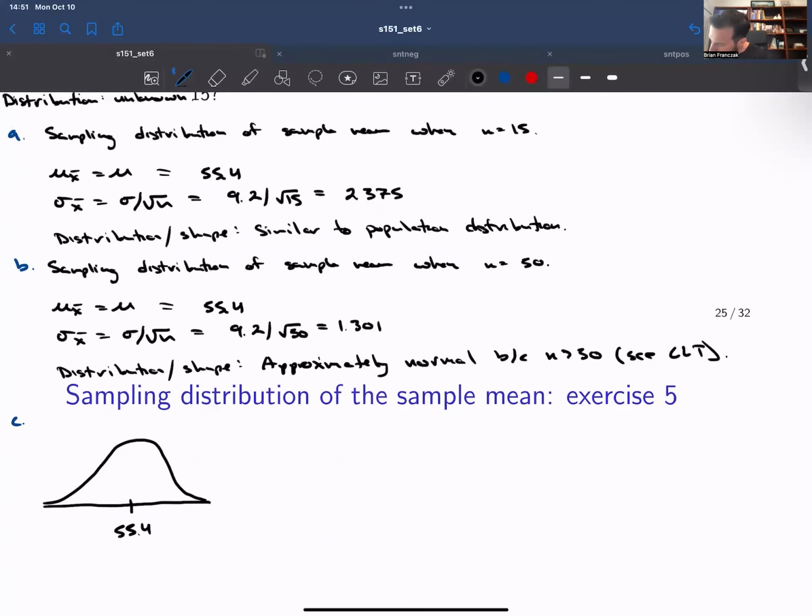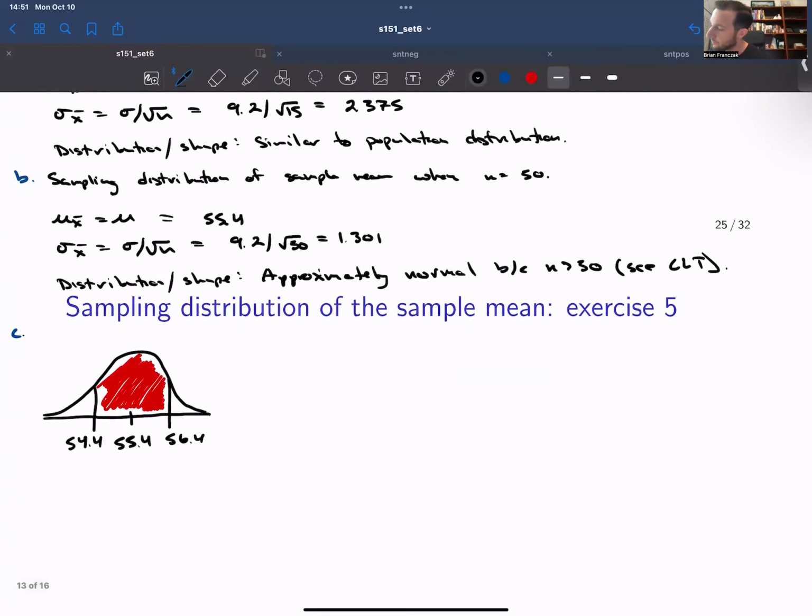What we're asking is, if I move $1,000 in either direction, so this is going to be 56.4, and this is going to be 54.4, then what I want is this red shaded part here.